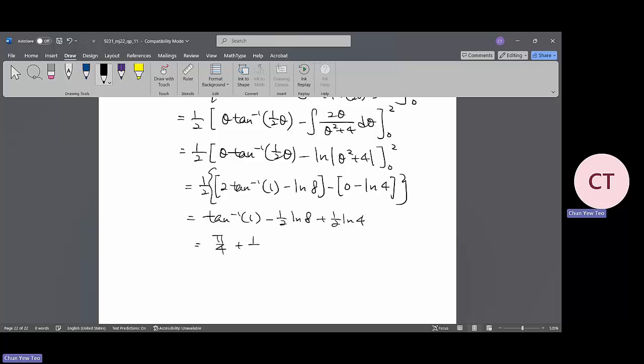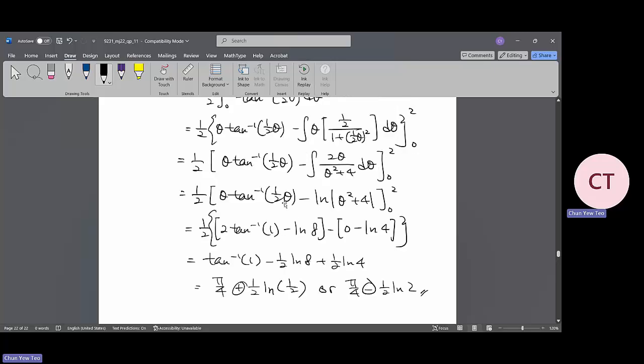So this one is a half ln half. Okay, you can write like this, or you can write like this. Okay, so either one, the only change is positive and negative. Okay, so this is the answer for the number 6B.